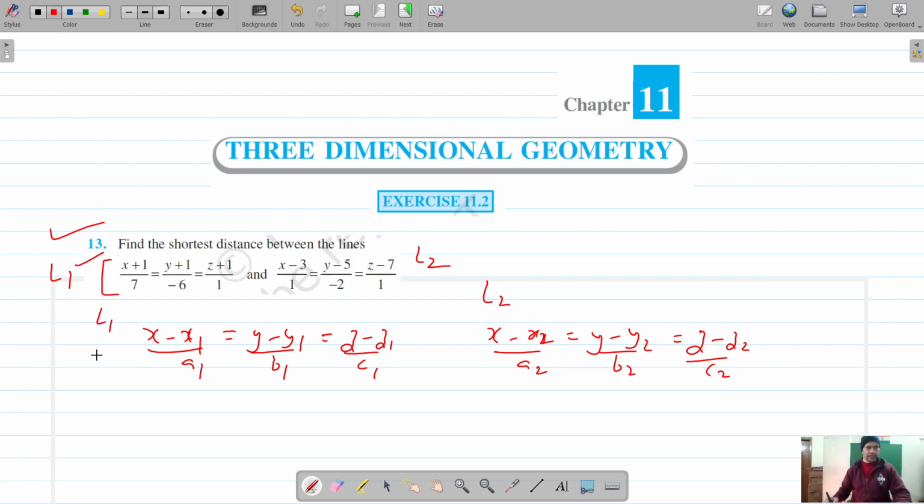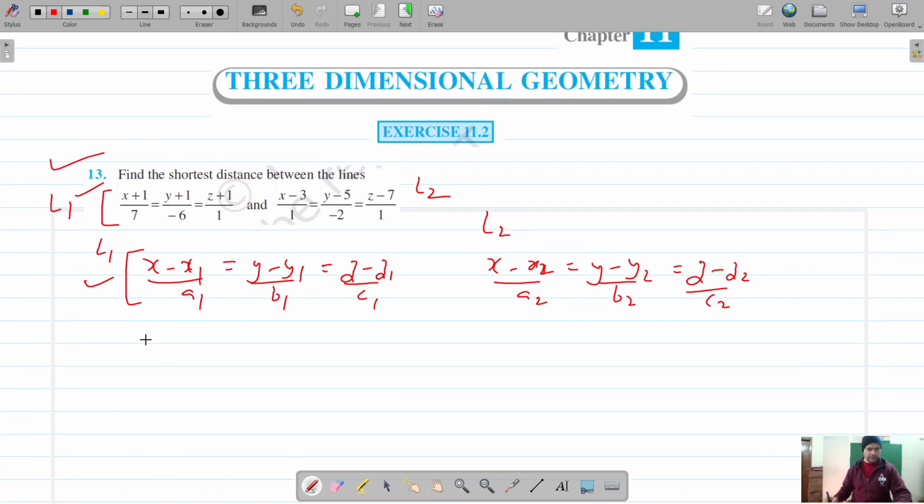If we compare line 1 with this standard equation, it gives us x1 is minus 1, y1 is minus 1, and z1 is again minus 1. And a1 is 7, b1 is minus 6, and c1 is 1.